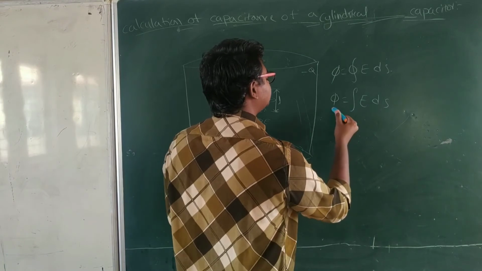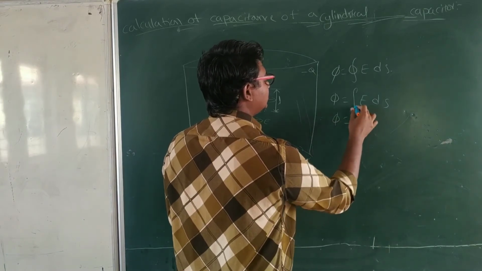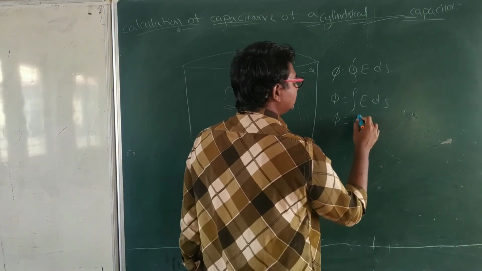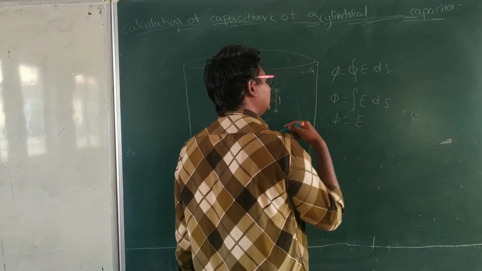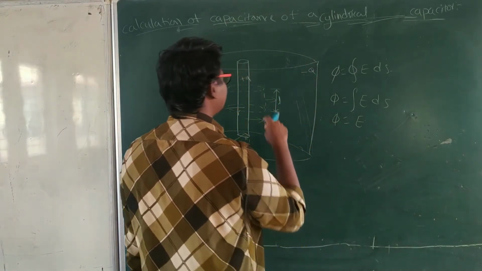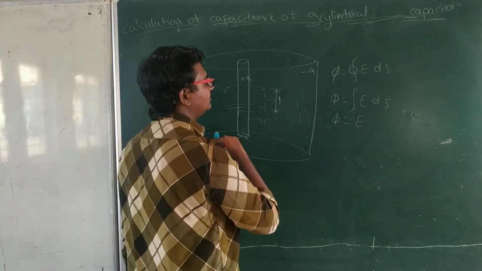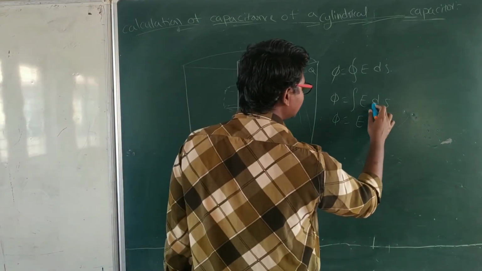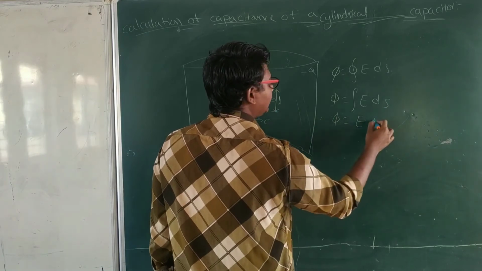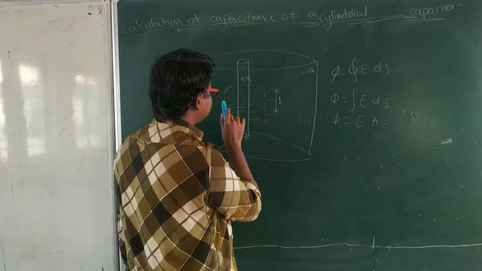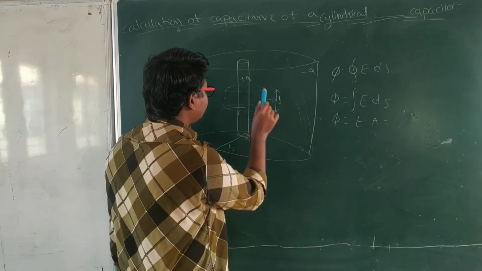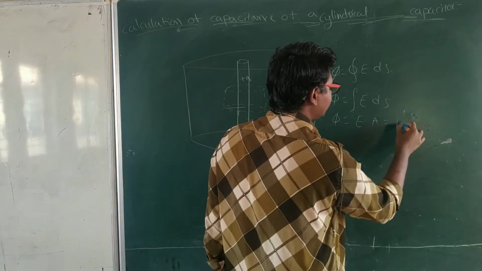That is, phi is equal to E into the area of this curved surface. What is the curved surface area?